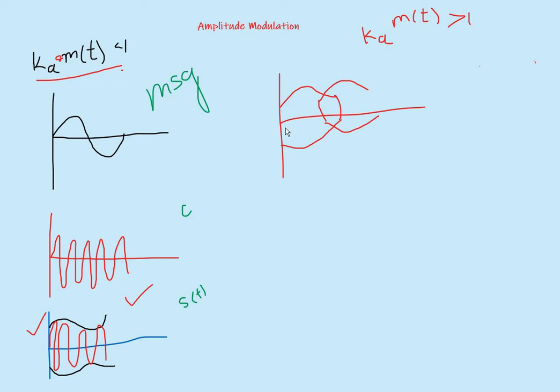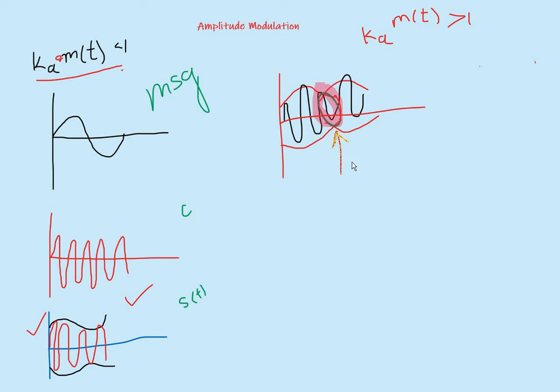So because of this, what happens? We have our carrier signal as usual, trying to follow. But look at this particular area, this particular area, this particular area, two message signals are combining.